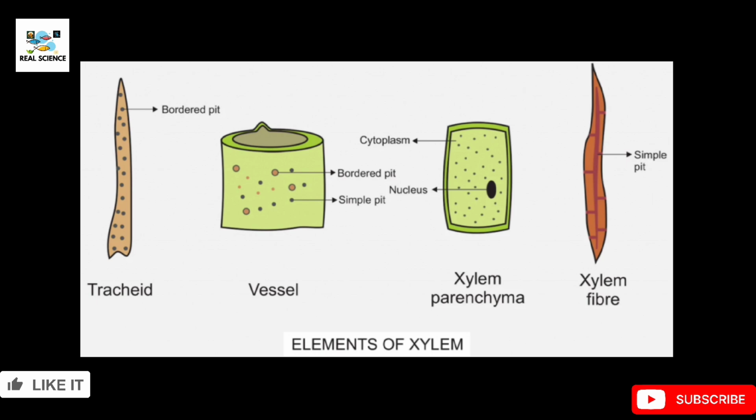Now you can see the elements of xylem clearly in this diagram. It also consists of xylem fibers and cells with cytoplasm and nucleus in both the vessel as well as xylem parenchyma.